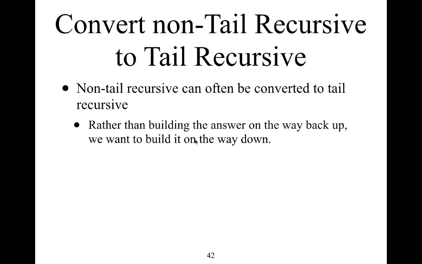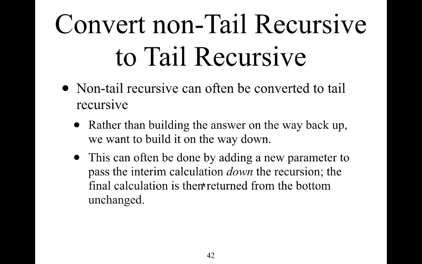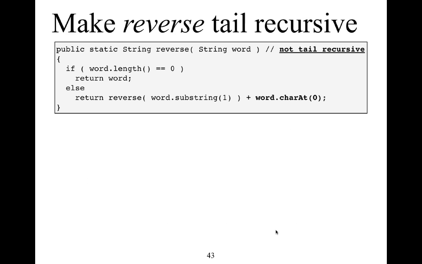Key thing is, rather than building the answer on the way back up, we want to build it on the way down. Is that possible? So sometimes that can be done by adding a new parameter to pass the partially calculated interim solution down the recursion. And then the final calculation is then returned from the bottom unchanged. That's what we did with the anagram, basically. And sometimes this requires a helper method to make it clean. So here's the reverse method that is not tail recursive.